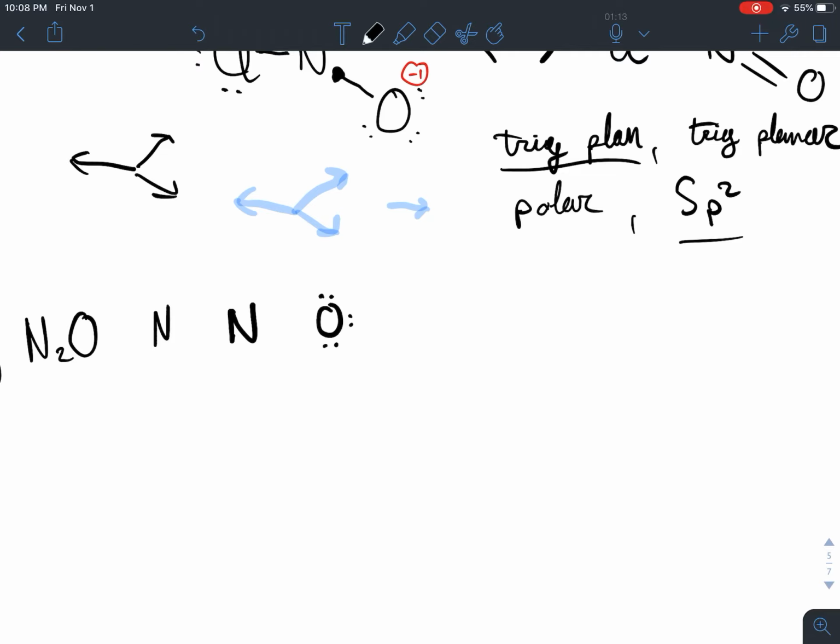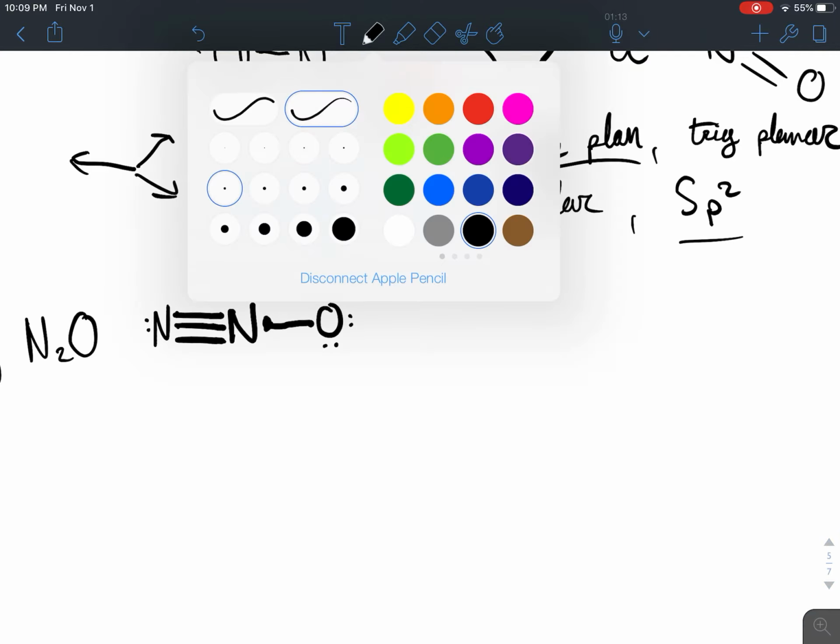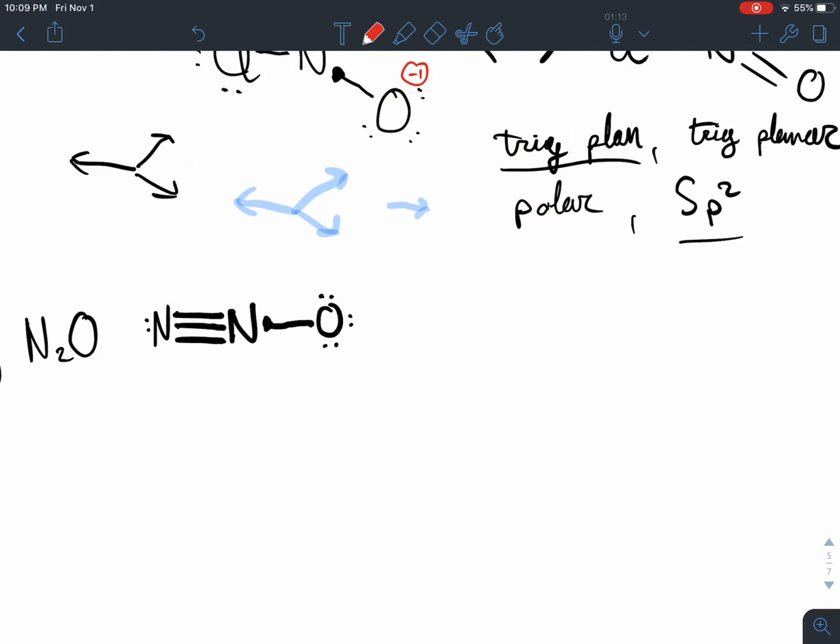Nitrogen has 5. Let's just kind of see what happens. Let's connect the dots. And now we ask ourselves, let's draw the formal charge and everything.